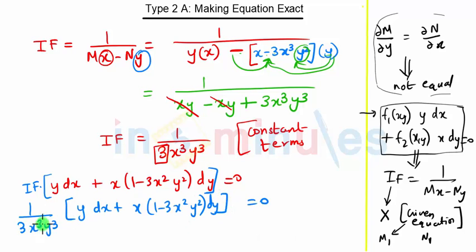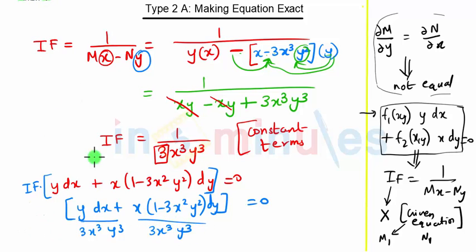So now we are going to multiply this with each term. So if we multiply by this, here we will have x cube y cube, and here also we will have x cube y cube. So as you can see, this 3 can be taken outside, and when it goes here, it will be multiplied by 0. That means we can neglect the constant terms in our integrating factor.